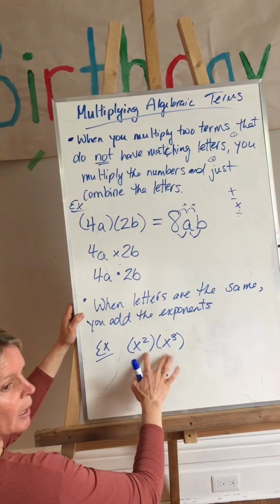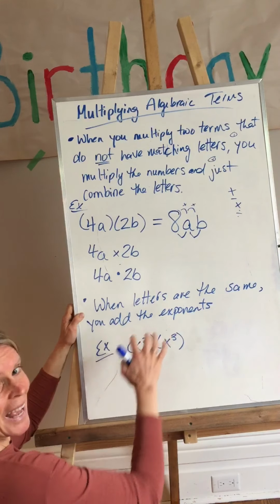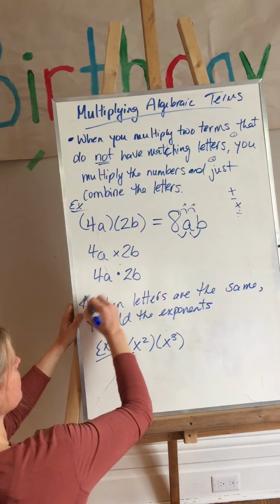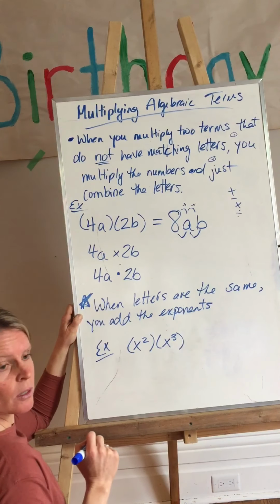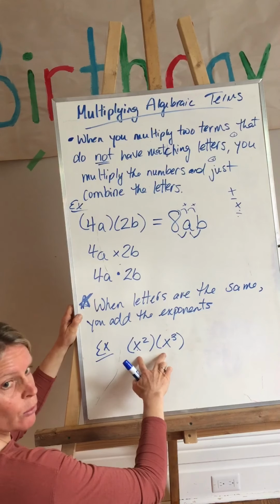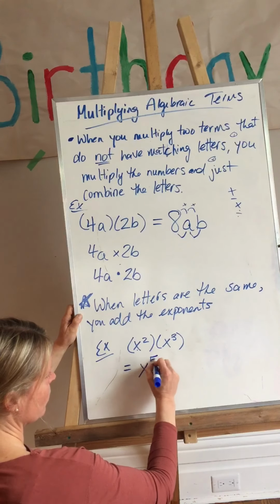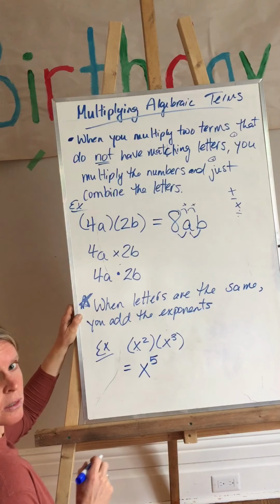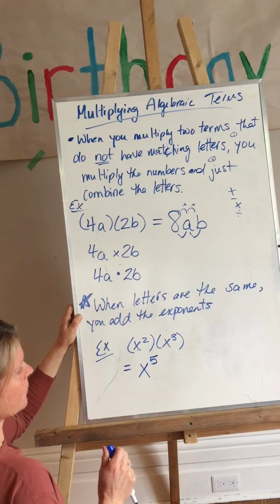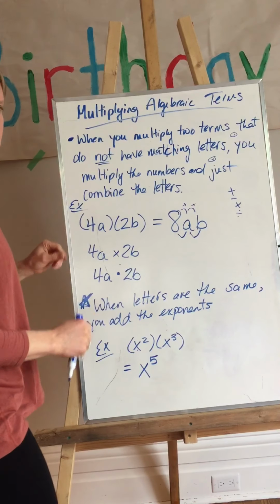We are multiplying here, but when you're multiplying, the exponents get added. This is a rule that we see a lot of mistakes on. So multiplying, it's the same letter. First, that's what you're going to check. Then you add the exponents. So that would be x to the power 5. So there's two rules.